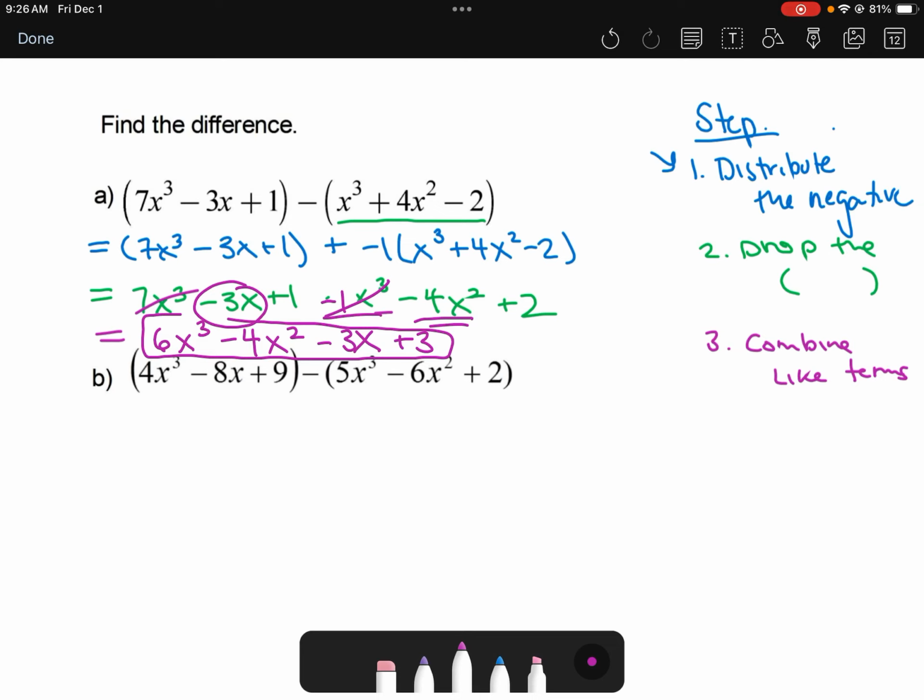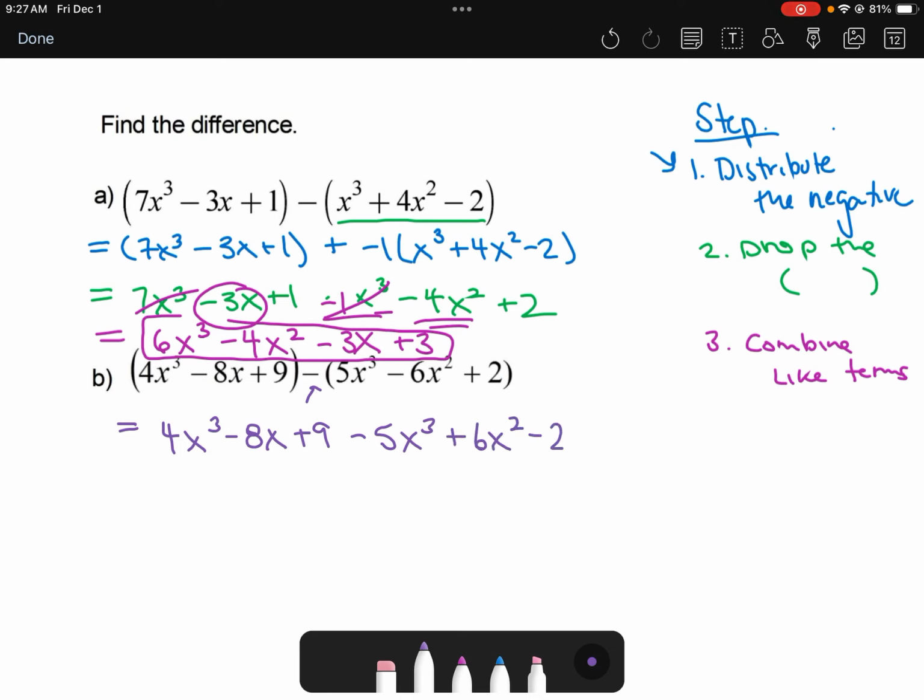Let's go ahead and do one more example. Again, the first thing I'm going to do is distribute this negative right here. I'm not doing anything over here. It's kind of like the first two steps are the same. I'm distributing the second one and dropping the parentheses at the same time. Again, if it's positive, it's now negative, and if it's negative, it's now positive.